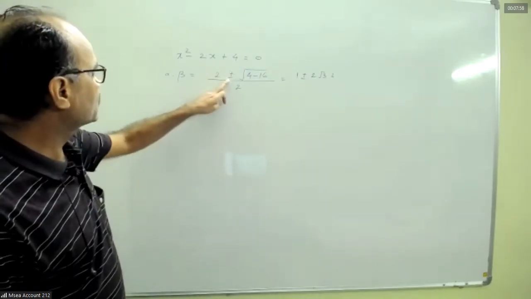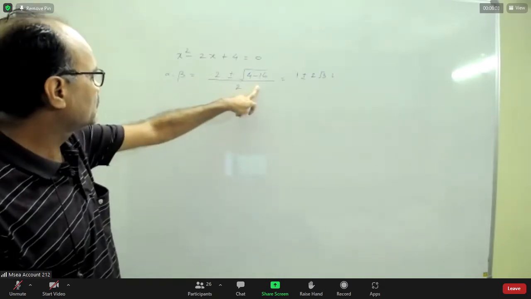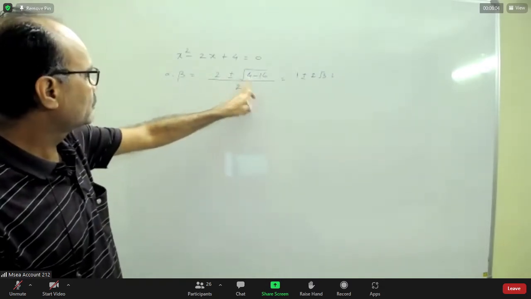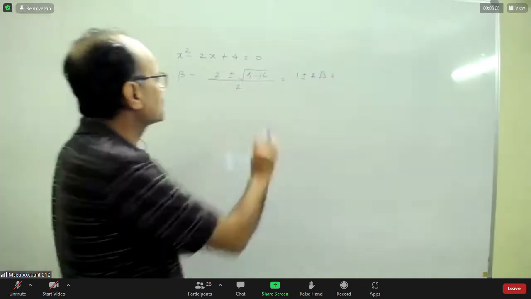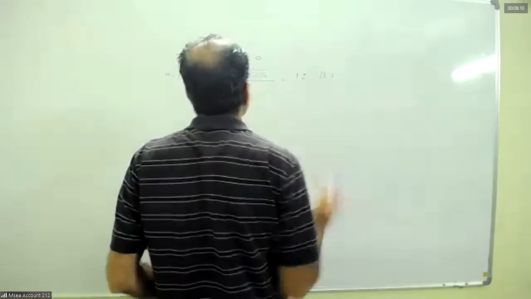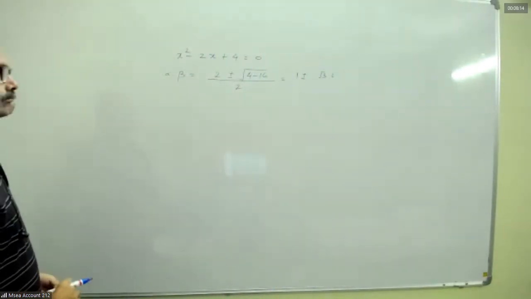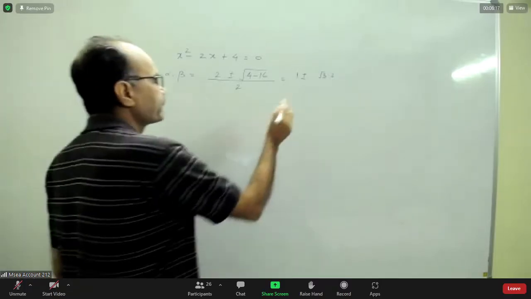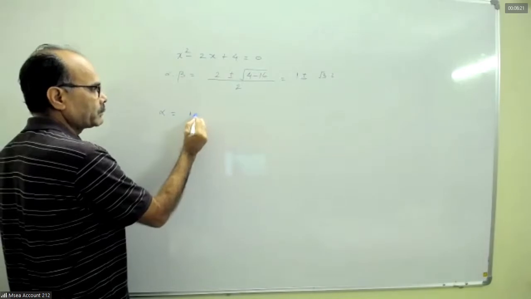Minus b plus minus root of b square minus 4ac, 4 outside, minus 3, so 1 plus minus root 3 i. So alpha equals 1 plus root 3 i.